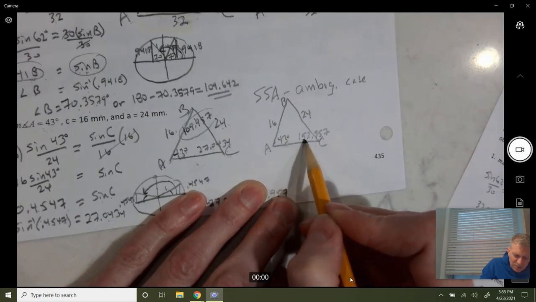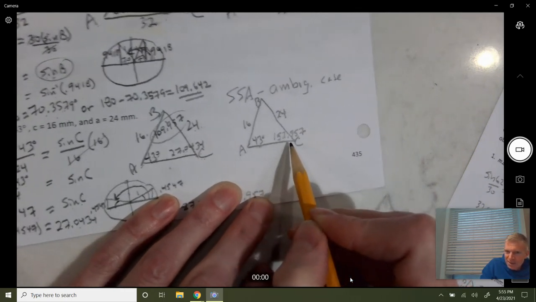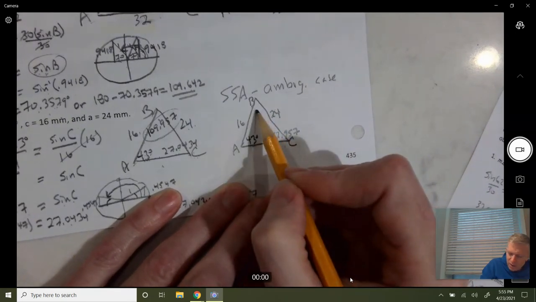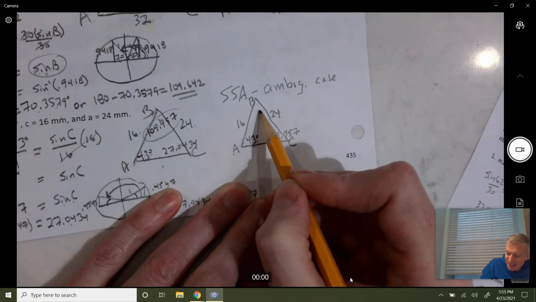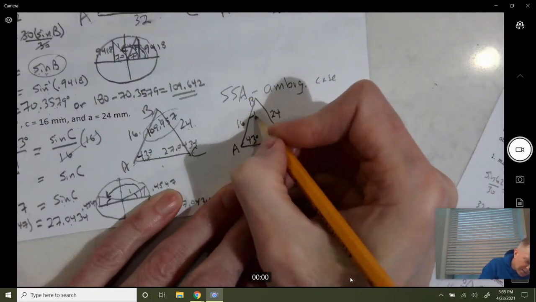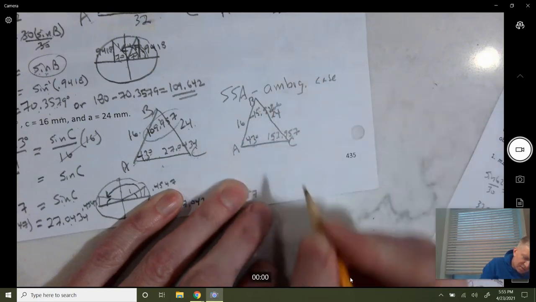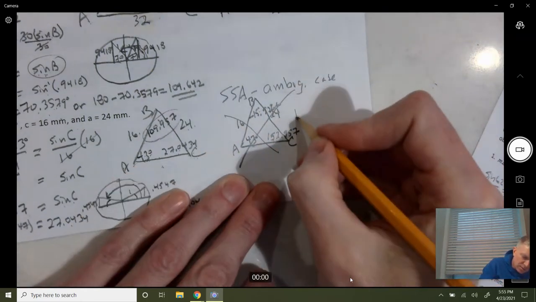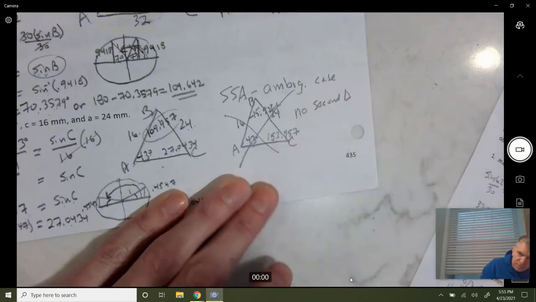These add up to well over 190. This one's not going to be possible. If you took 180 and subtracted these two, you're going to get a negative angle here. I got negative 15.9566. Okay, that's not possible. You say no, second triangle.